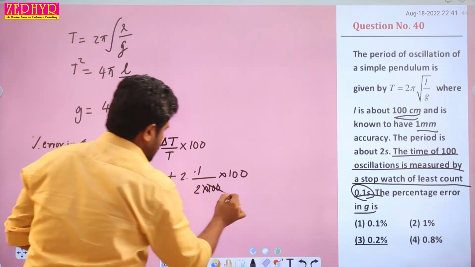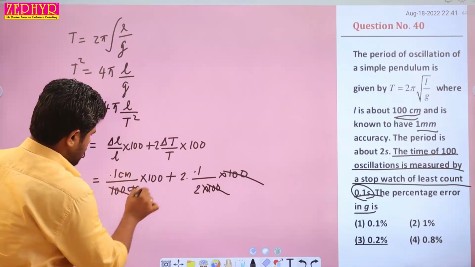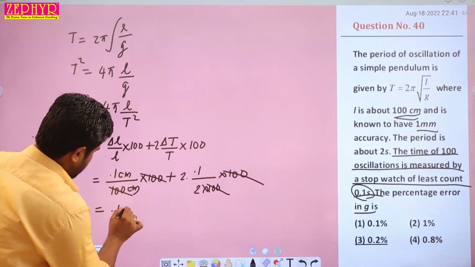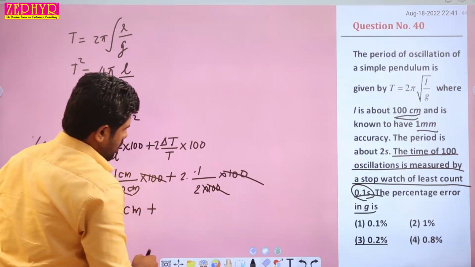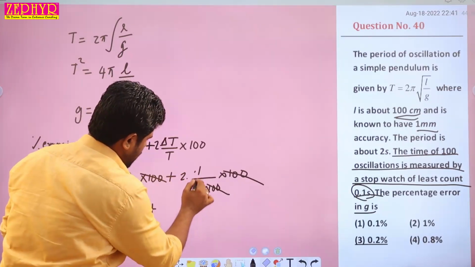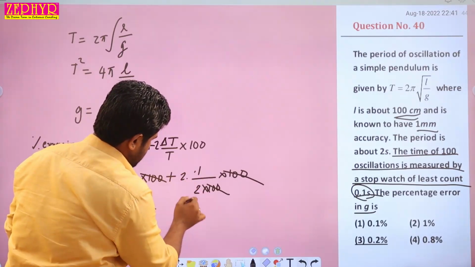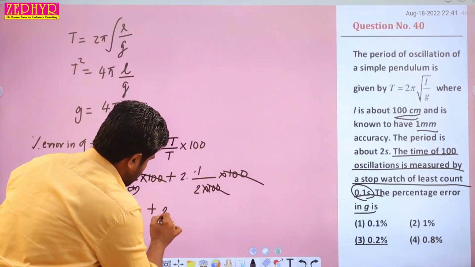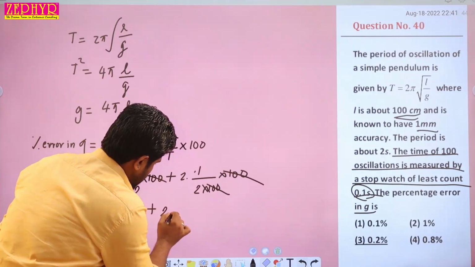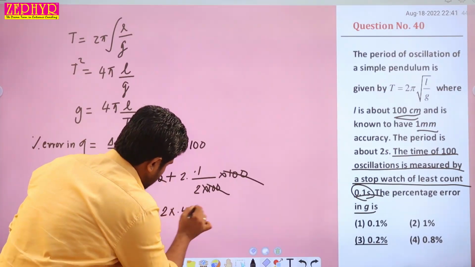Okay, so here these two are cancelled each other and these are cancelled each other, then 0.1 plus 2 into 0.1 divided by 2, that means it is equal to 2 into 0.5.